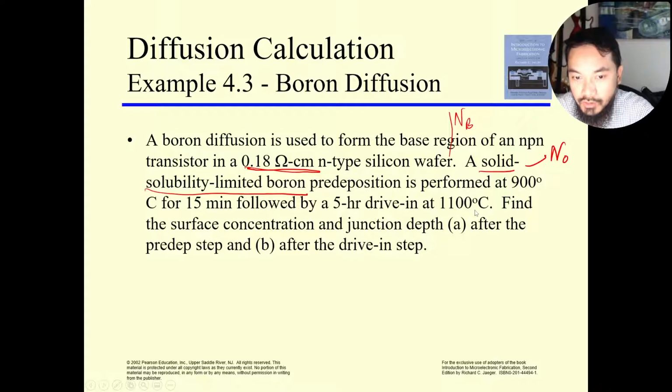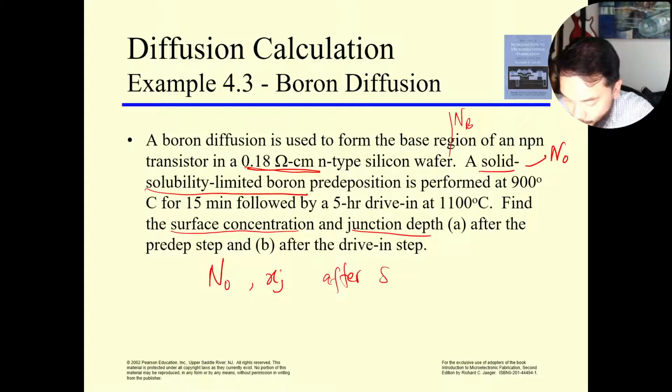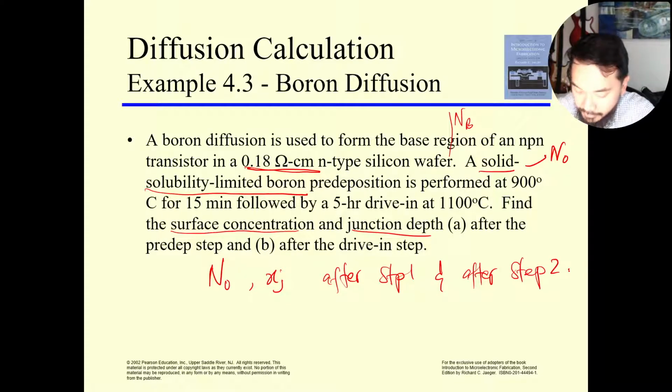So the question asks to find the surface concentration and junction depth. So you need to find N naught and the Xj after step 1 and after step 2, after the drive-in.